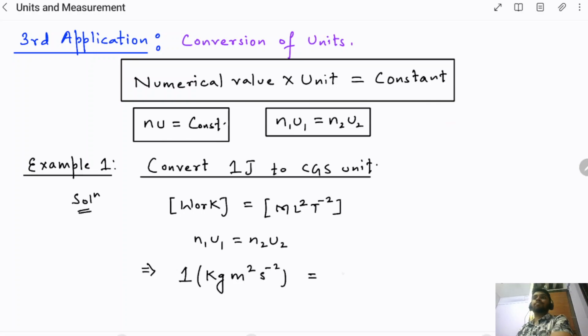And on the right hand side, n2. So n2 we need to figure out: what is the value of 1 joule in CGS unit. So n2 for now we'll leave as it is, n2 into, now in CGS unit, the CGS unit of mass is gram, for length it is centimeter, and for time it is second, with the same powers.